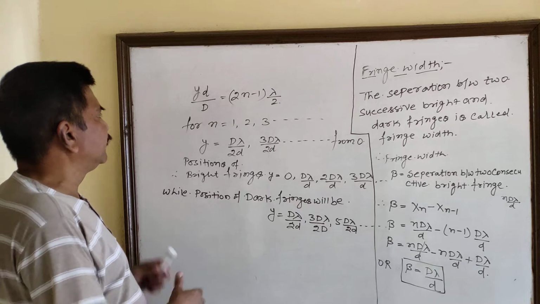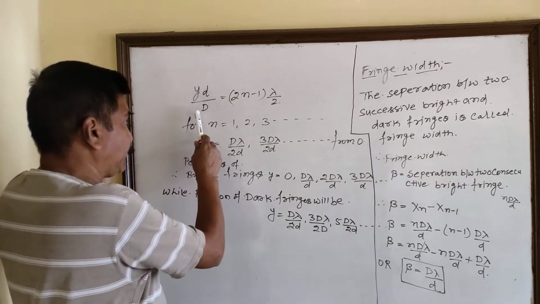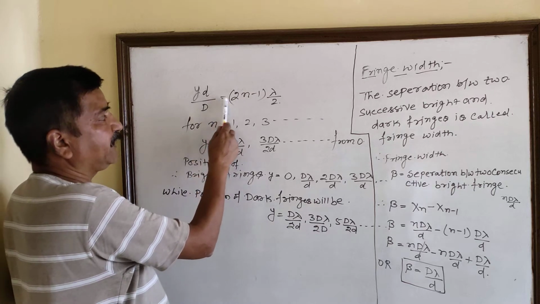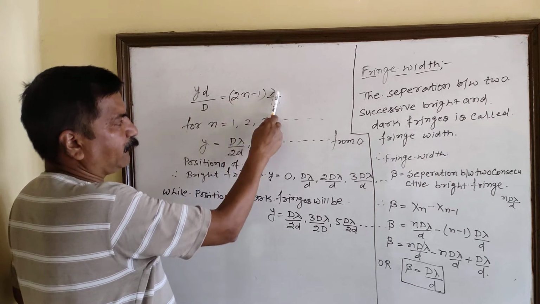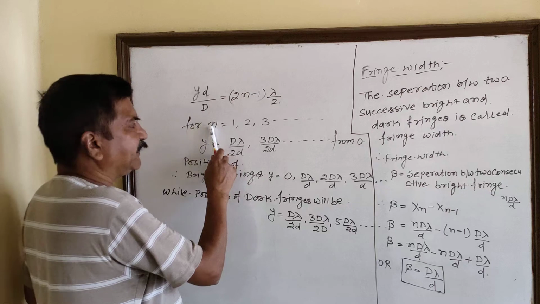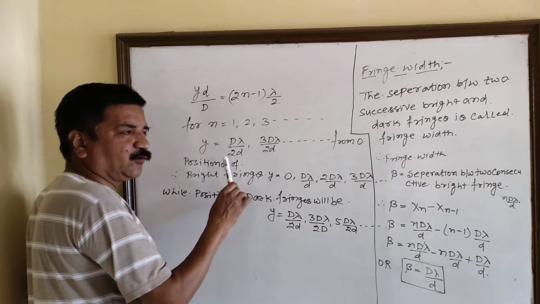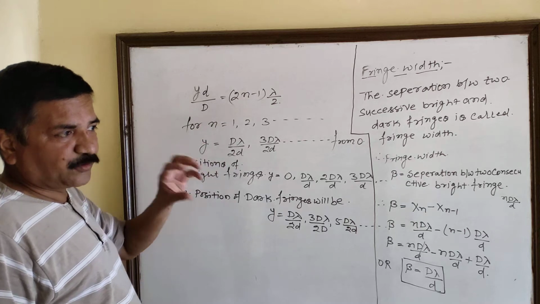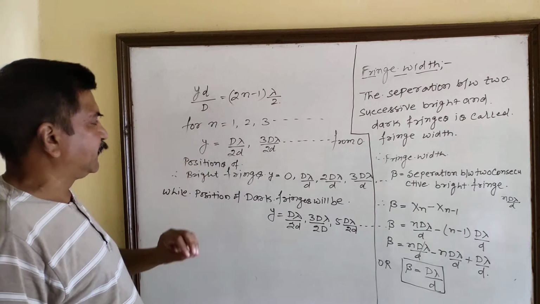For the dark fringe, the path difference yd by D is given by an odd multiple of lambda by 2, where n is equal to 1, 2, 3. I already told you why we do not consider 0, because already at the origin we got the bright spot.